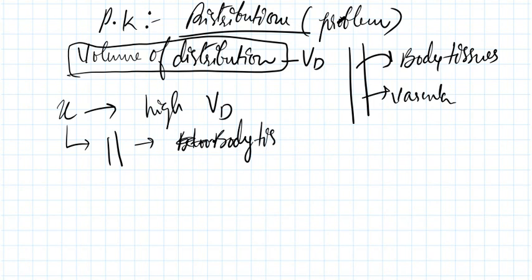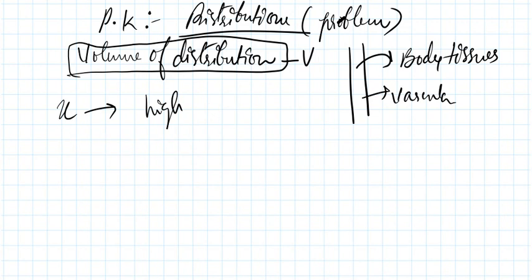It gets easily distributed in a large quantity. That means it can be easily distributed from the vascular component to the body tissues, so it has high volume of distribution.